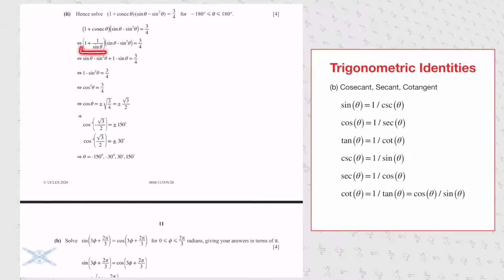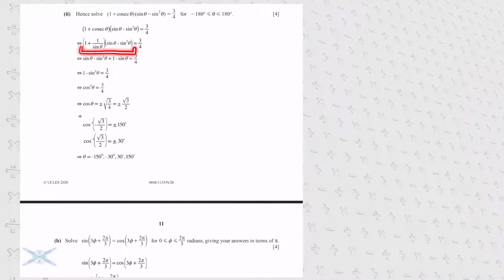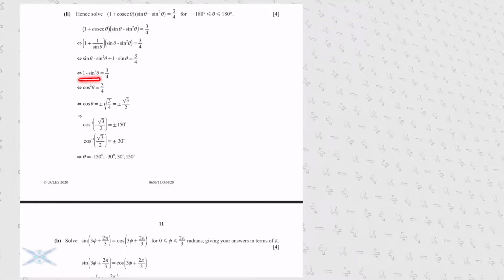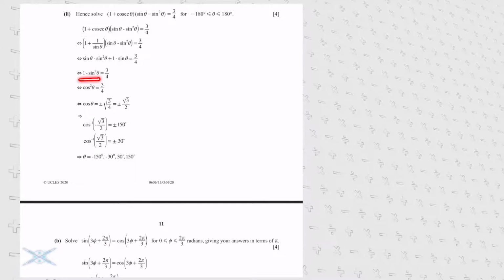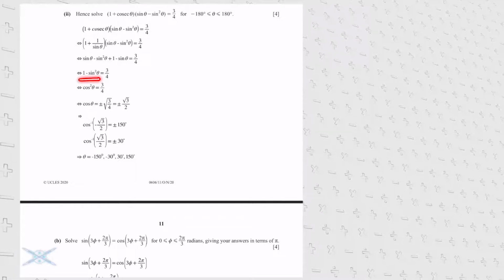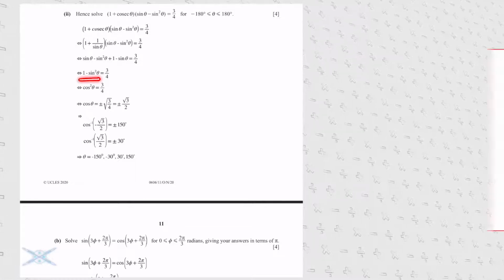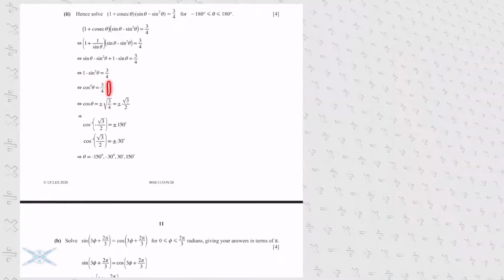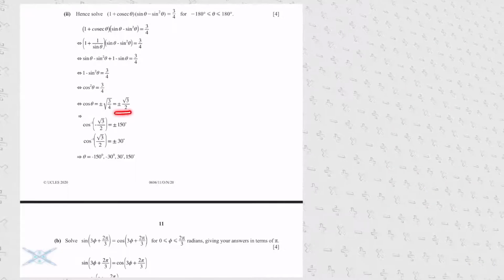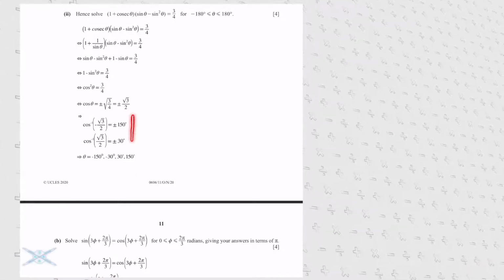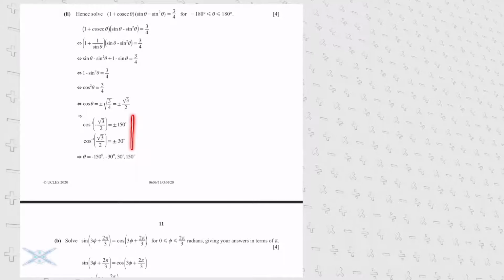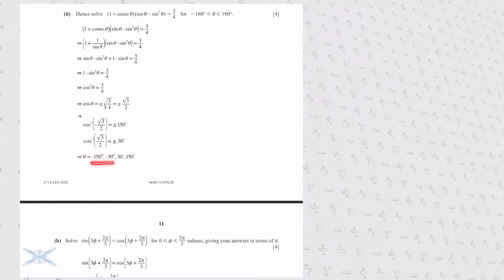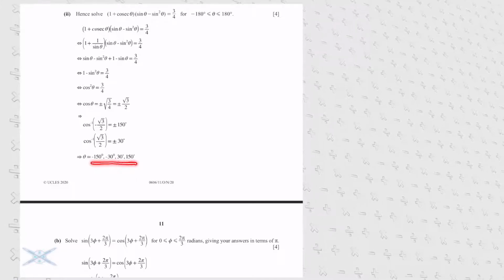Thereafter, we are expanding those two factors here, simplifying those, and replacing the expression 1 minus sine squared theta according to the trigonometric identities using Pythagoras theorem, which is provided on the right-hand side of the screen. From here, we simply need to find the root for this expression, which provides us with two solutions. From there, we can convert our results back into the angles that we are looking for, which are -150, -30, +30, and +150 degrees.